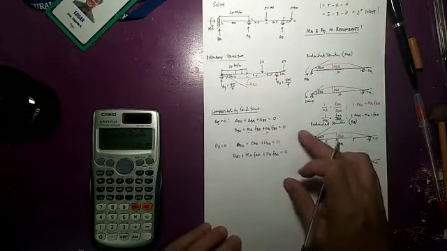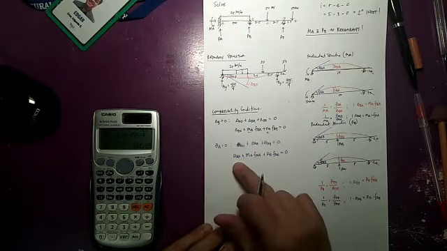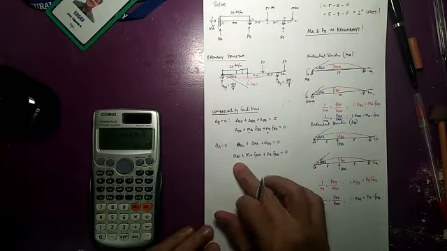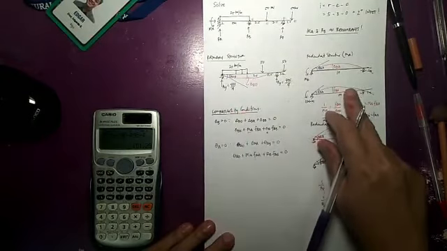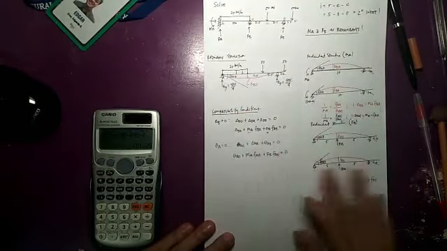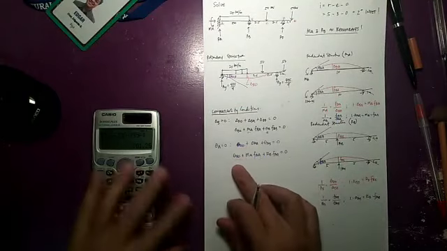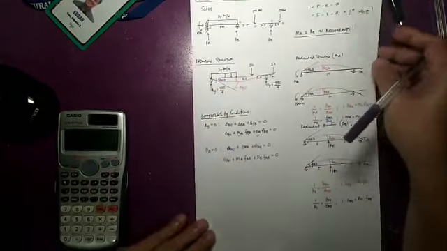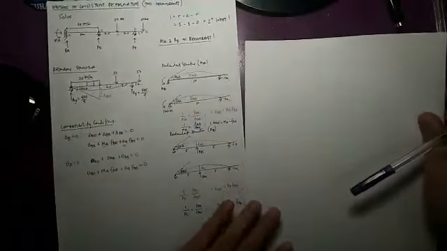But the big question is, how do we solve for these deltas and thetas? Since the primary structure as well as the redundant structures are all determinate, we could solve for those deltas and thetas. Let us solve it one by one.